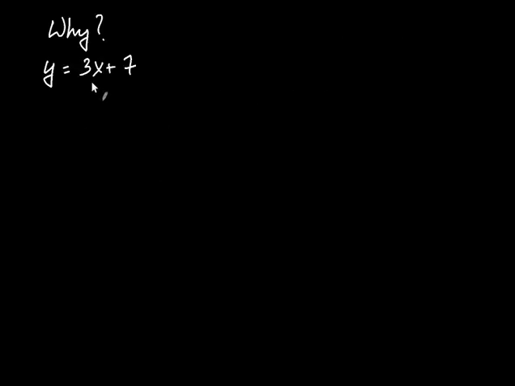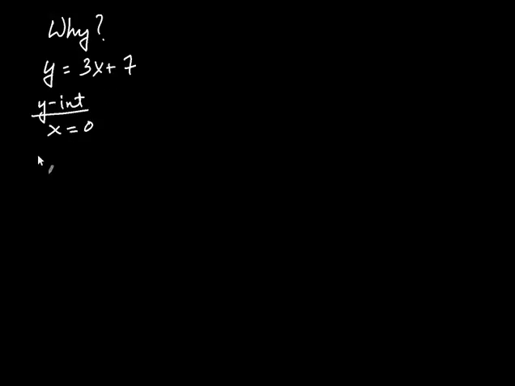So what I'd like to do here is convince you that the 3 really is the slope, and the positive 7 is really the y-intercept. Okay, convincing you of the y-intercept is not going to be that hard. So let me show you why. If somebody asked you to find the y-intercept in any situation, all you have to do is set x equal to 0.